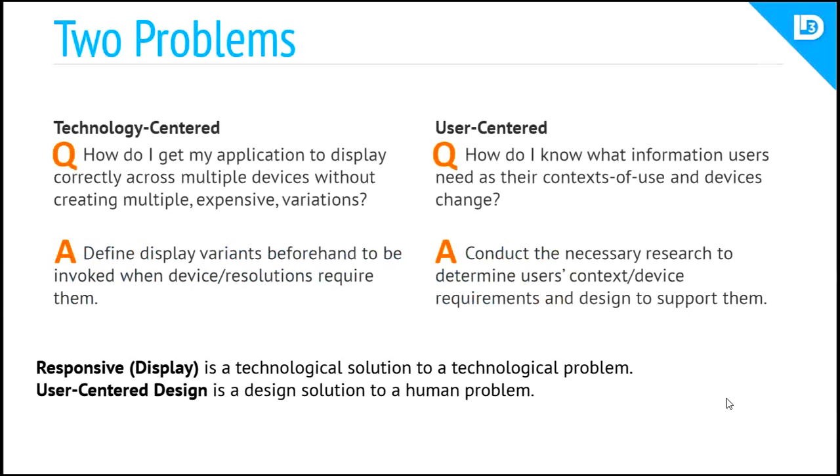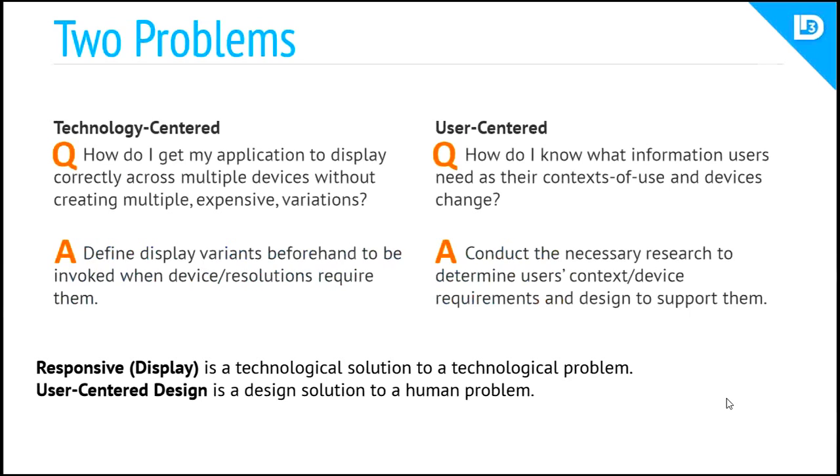And in order to solve a user-centered problem, it's necessary to conduct the necessary research to determine what those requirements are and create the parameters for that design in order to support those requirements. So notice, I'm not saying that the solution to a multi-device world is to create unique variants to address each device's requirements.